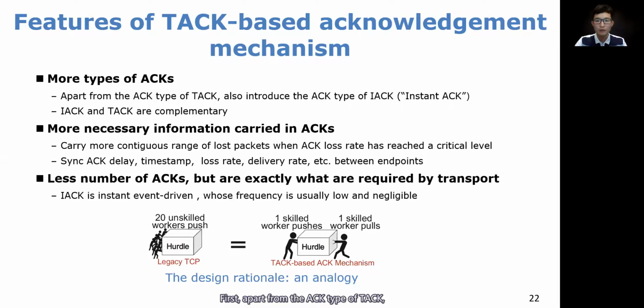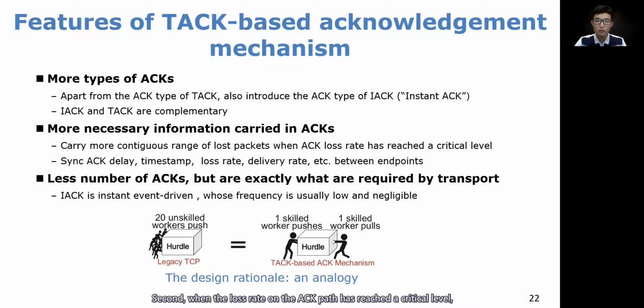First, apart from the ACK type of TACK, we also introduce the ACK type of IACK to assure timely feedback upon instant events. IACK and TACK are complementary. IACK assures timely signaling, while TACK acts as the last resort mechanism in the case of ACK loss.